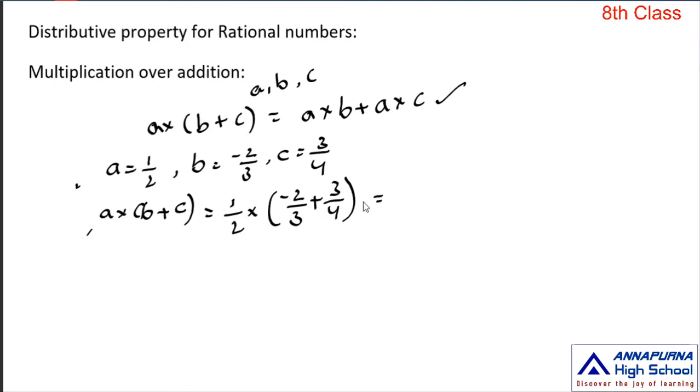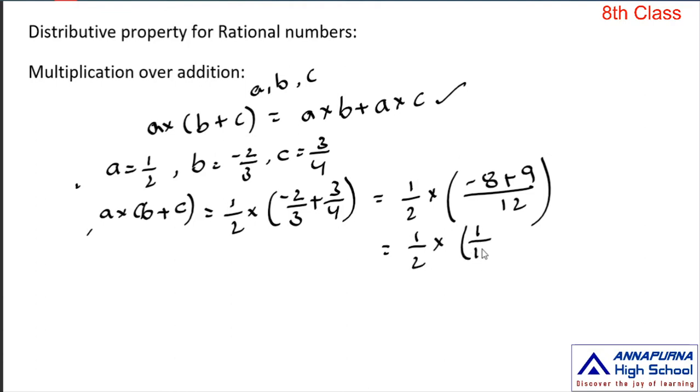As per the BODMAS rule, the first letter is B, for brackets, so first we simplify the brackets, that is minus 2 by 3 plus 3 by 4. So it is 1 by 2 into (minus 8 plus 9) by 12, which is 1 by 2 into 1 by 12, equal to 1 by 24. So this is your answer.